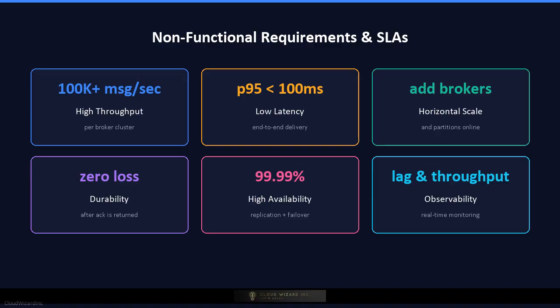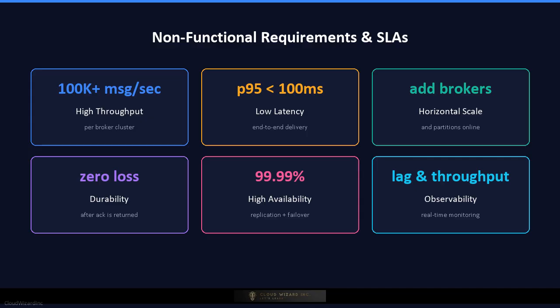These capabilities make the message queue useful across a wide range of distributed systems. Now the non-functional requirements. The message queue must deliver extremely high throughput, often hundreds of thousands or even millions of messages per second. End-to-end latency must be low enough for real-time use cases, typically measured in milliseconds at the P95 and P99 percentiles. The system must scale horizontally, adding brokers and partitions without downtime. Durability is non-negotiable. Once a producer receives an acknowledgement, the message must survive broker failures.